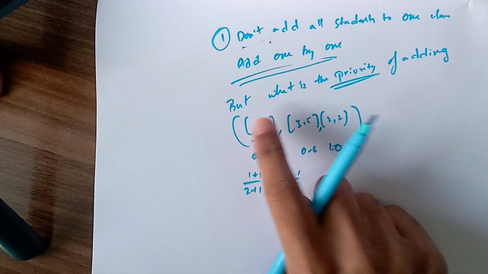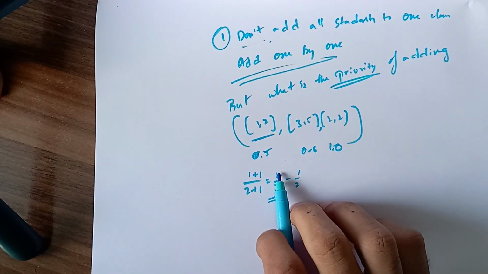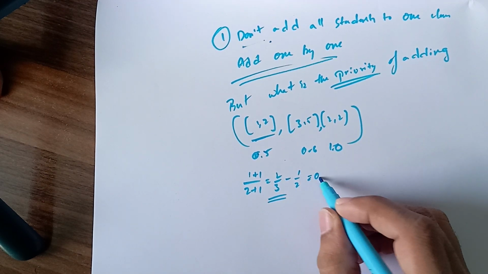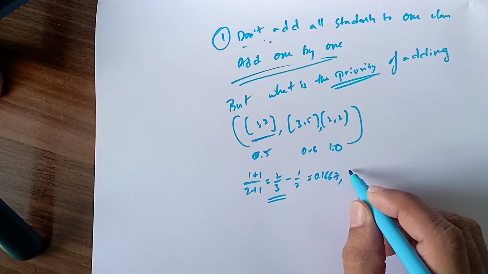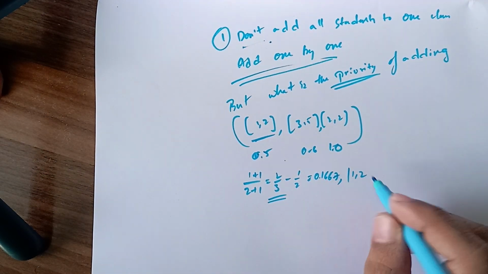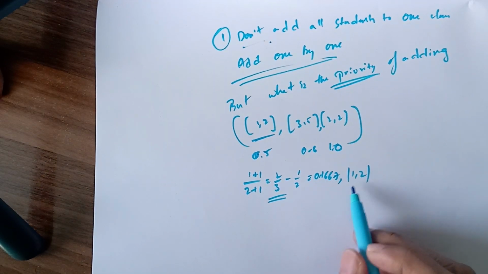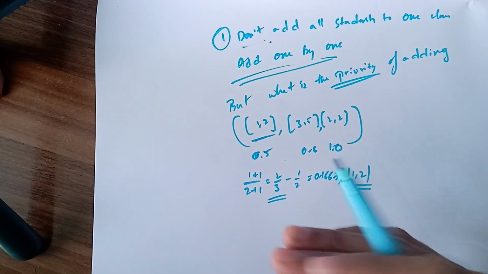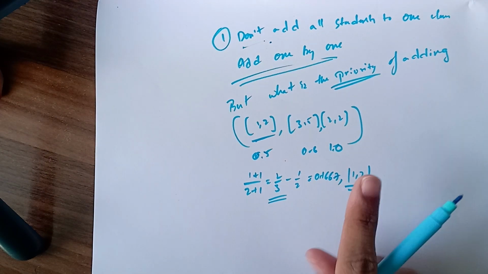Now I remove the initial 1 by 2. What will the gain in passing ratio be? 2 by 3 minus 1 by 2 gives us 0.1667. So this is for 1 comma 2: if you add one student, you get a new profit of 0.1667.